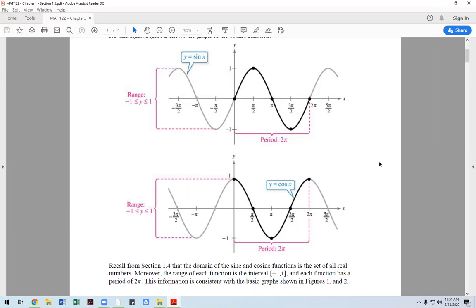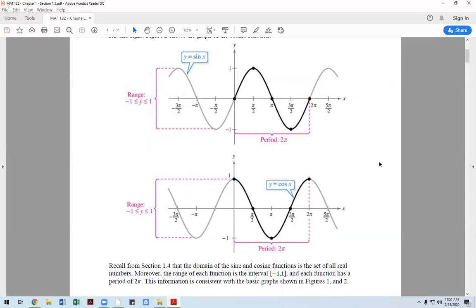So for both functions you're making the same journey, just starting at different points. You start at the x-axis and come back to it, whereas with the cosine function, we start at +1 and come back to +1.